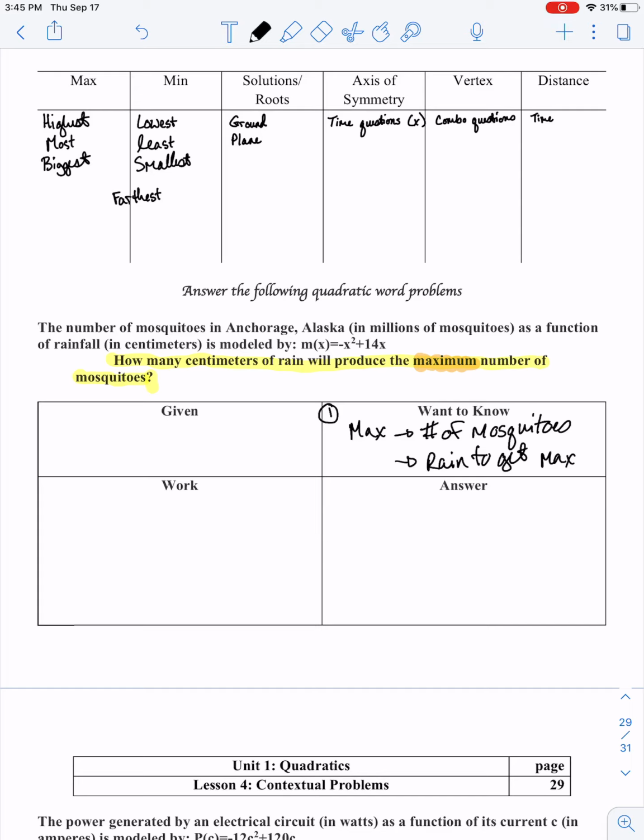So this is where, going back, having options, and then seeing what the question is really asking. Who, what, when, where, why, how, right? Frames up questions. How many centimeters of rain will produce max number of mosquitoes? So I want the amount of rain to get my max.